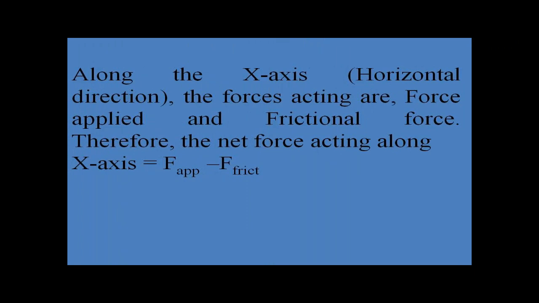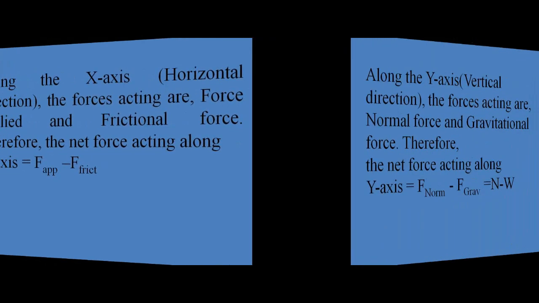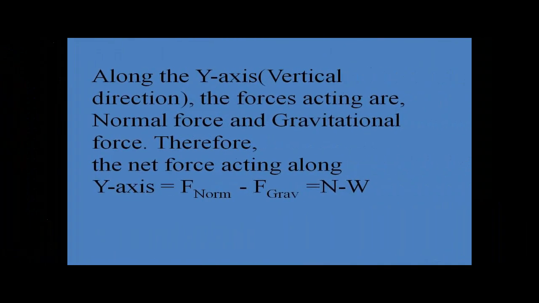Therefore, the net force acting along x-axis equals applied force minus frictional force. Along the y-axis, vertical direction, the forces acting are normal and gravitational force. Therefore, the net force acting along y-axis equals normal force minus gravitational force.